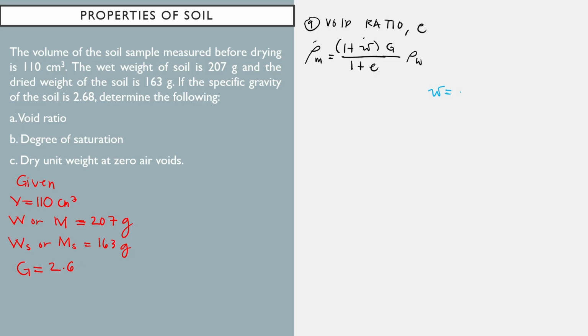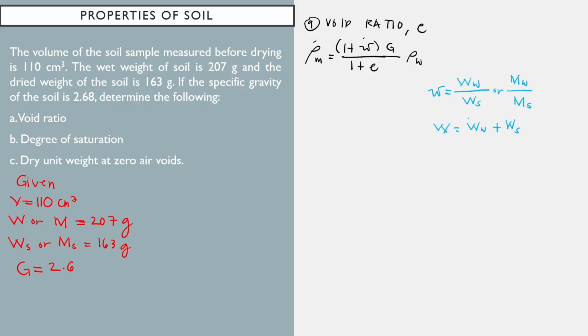Di ba, yung formula natin, yung weight ng water divided by yung weight ng dry soil, or yung mass ng water divided by sa mass ng dry soil natin. So gamitin natin itong binigay. Yung total weight ng soil sample natin is equal to weight ng water plus yung weight ng dry soil.